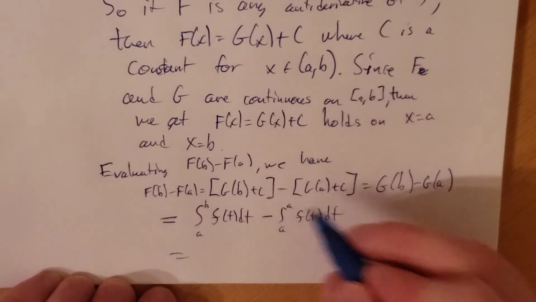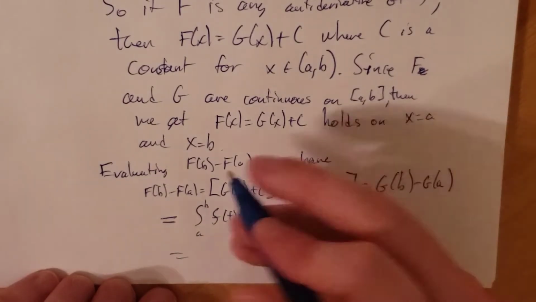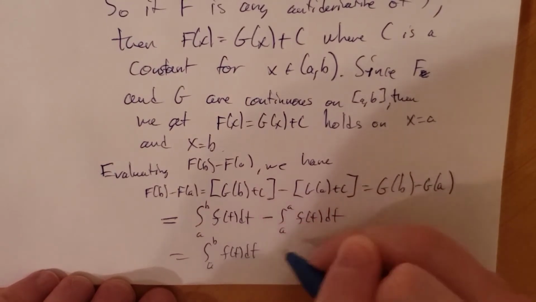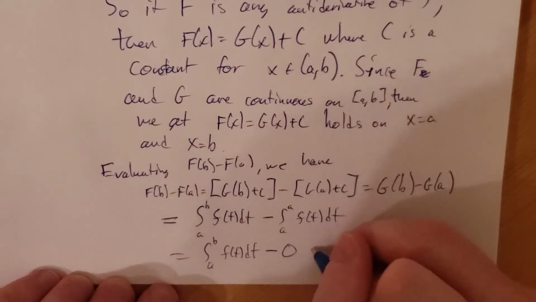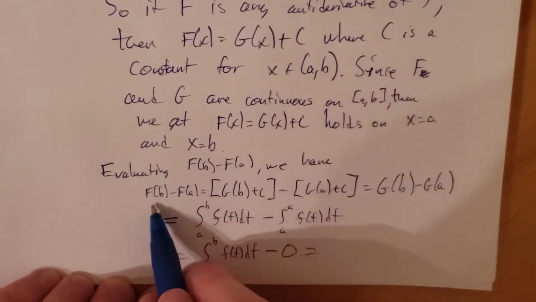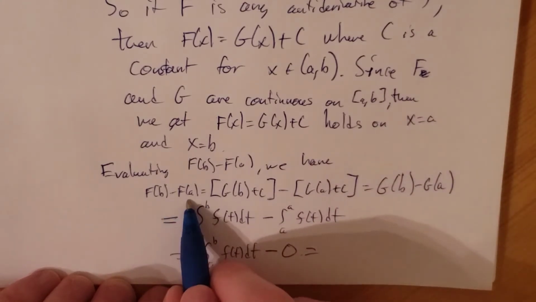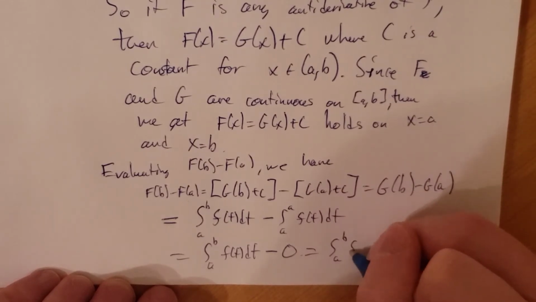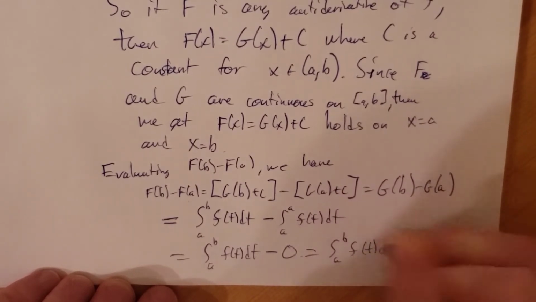But what is the integral from a to a, right? That's just 0. So in fact, F of b minus F of a was just equal to the integral from a to b of f of t dt.